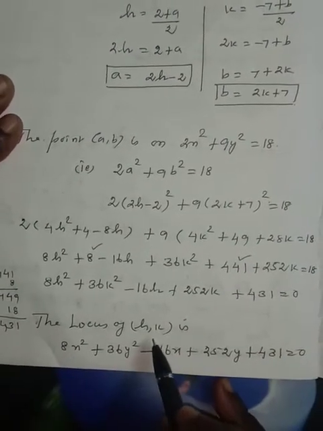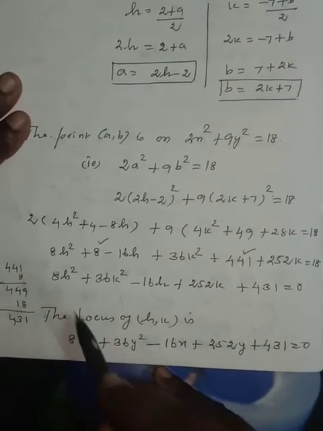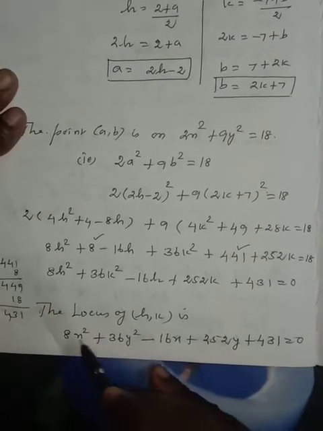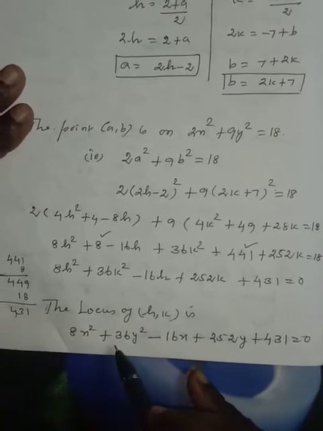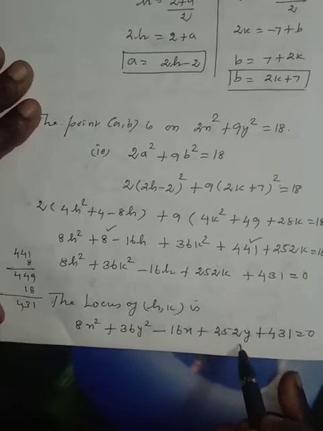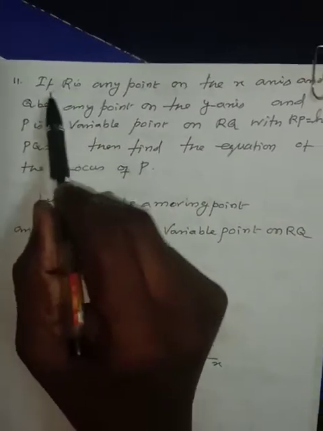Now the locus of (h, k): h means x, k means y. Substitute h is equal to x, k is equal to y. We have 8x square plus 36y square minus 16x plus 252y plus 459 is equal to 0.